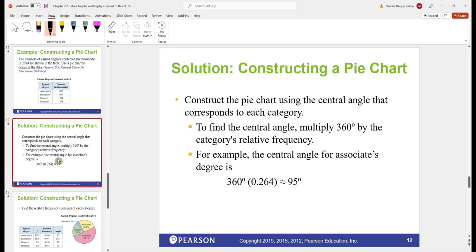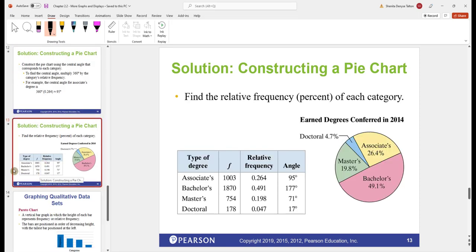So in order to construct a pie chart, we're going to use the central angle that corresponds to each category. To find the central angle, you're going to multiply 360 degrees by the category's relative frequency. So if we go to the first one, we have the associates. The relative frequency was 0.264.